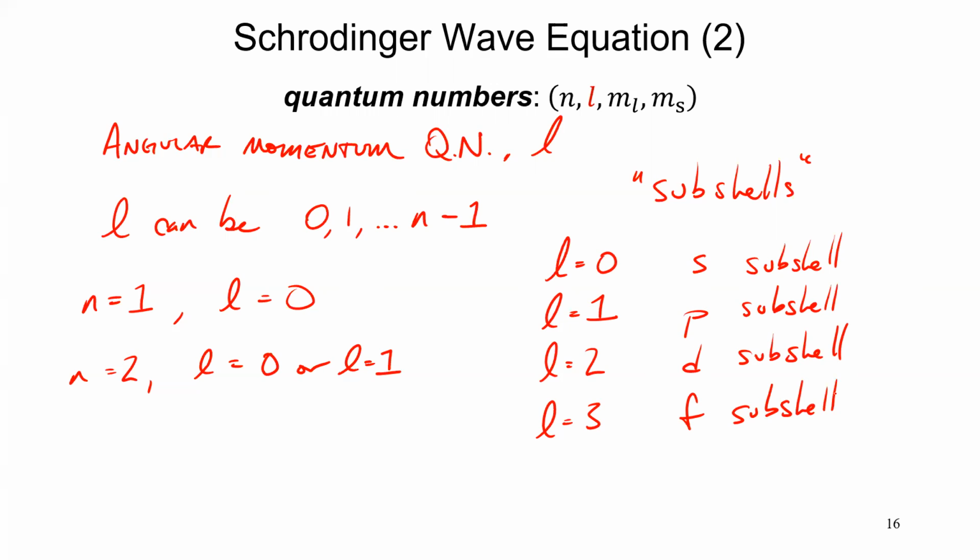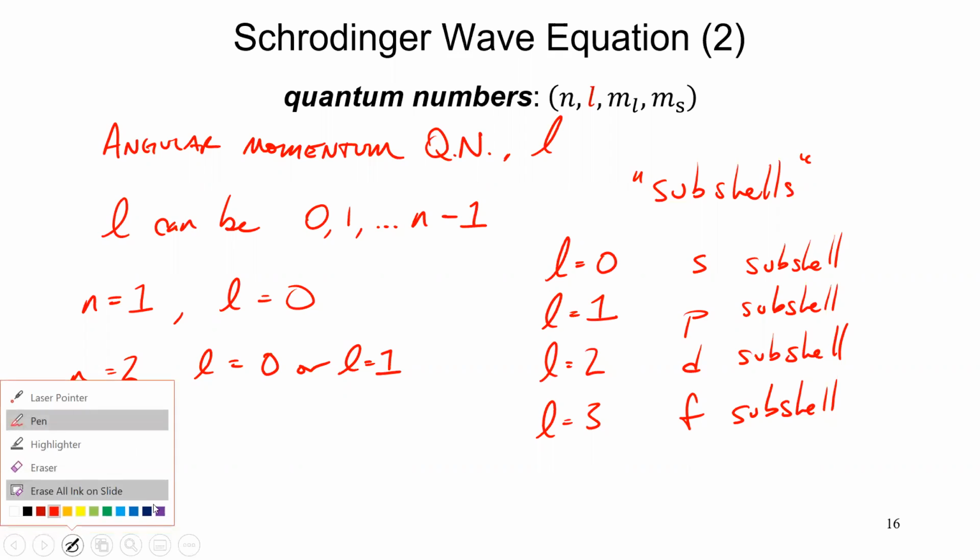Now, right now, there are no naturally occurring elements that have electrons with an L quantum number higher than 3. You could add energy into an atom and excite an electron up to a higher energy subshell, but no known elements have electrons that naturally exist in a subshell higher than L equals 3.